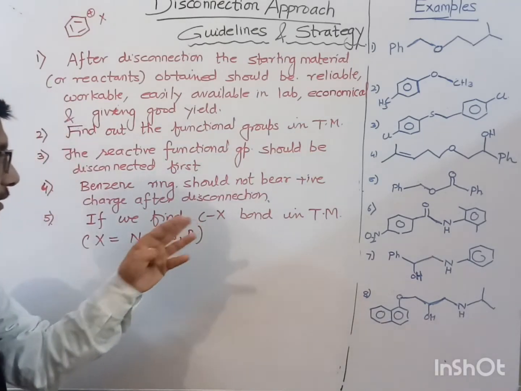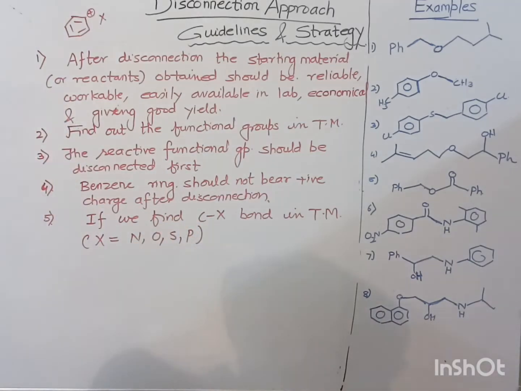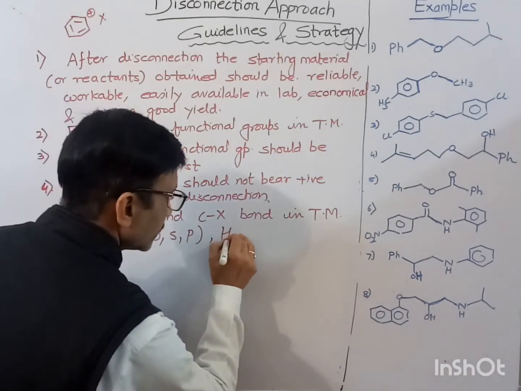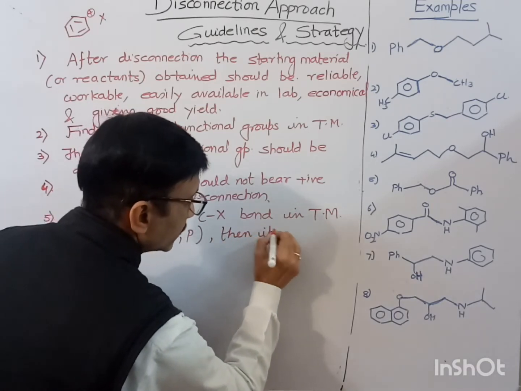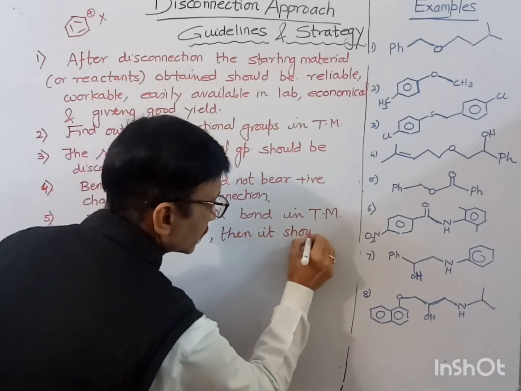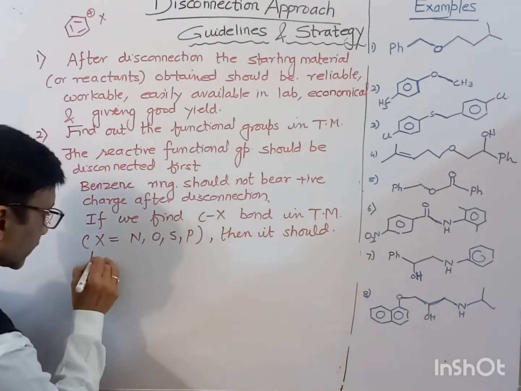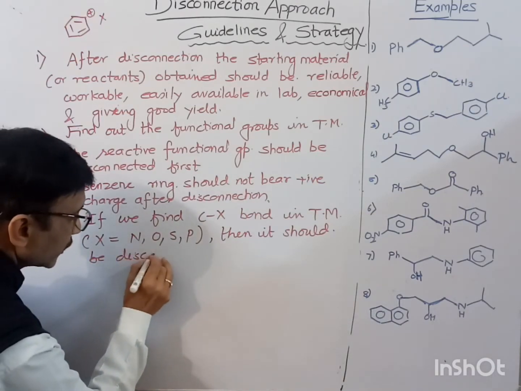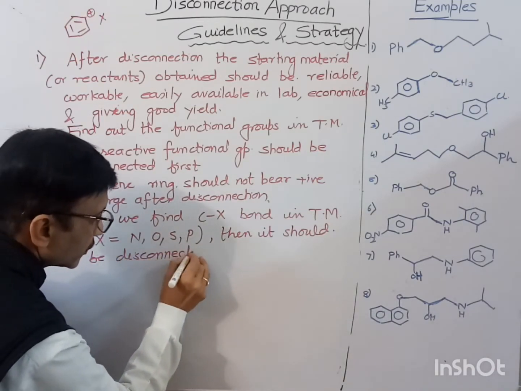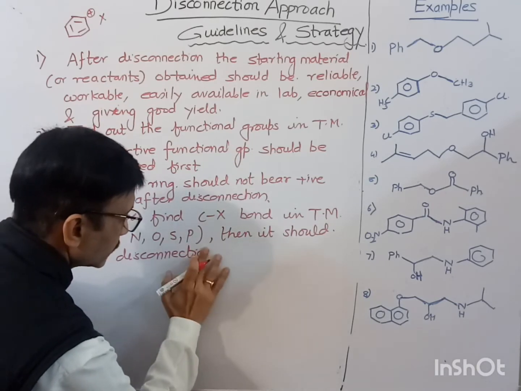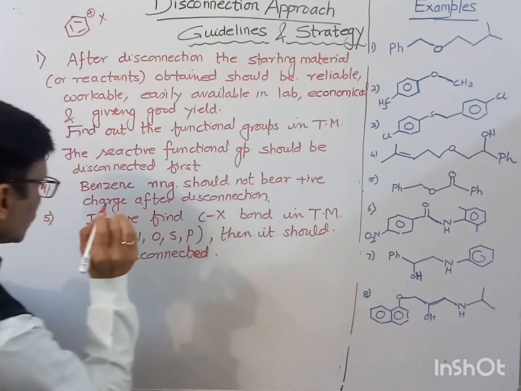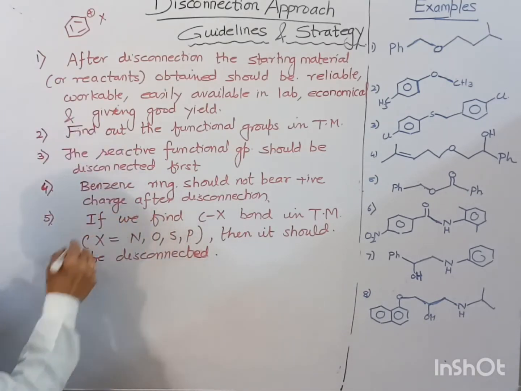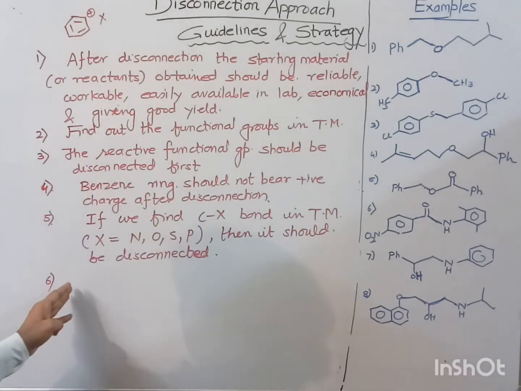So if we find a C-X bond in the target molecule, then it should be disconnected. Okay. We will see an example of this.